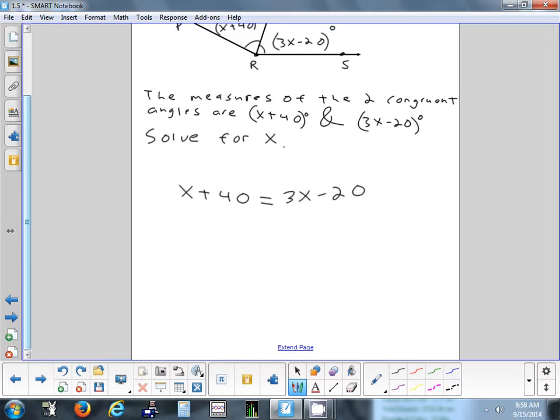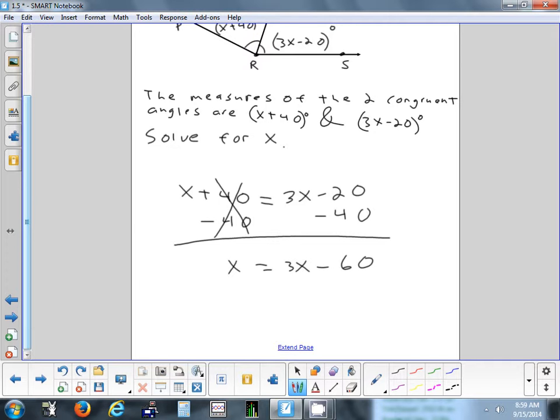Okay, so let's find x. What's my first step, Selena, to get x by itself? Sure, we could subtract 40 from both sides. So that cancels out, and we get x equals 3x, negative 20 minus 40. Luke? Negative 60.